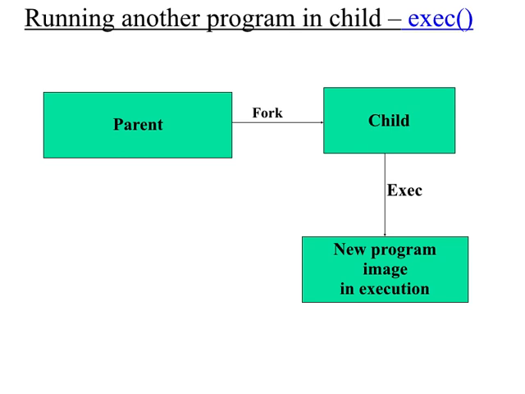To illustrate this, in this picture, the parent process first forks a child process, the child process then calls exec, and then the child process image is replaced by a new program image. The new program image completely overwrites whatever was there in the child process.